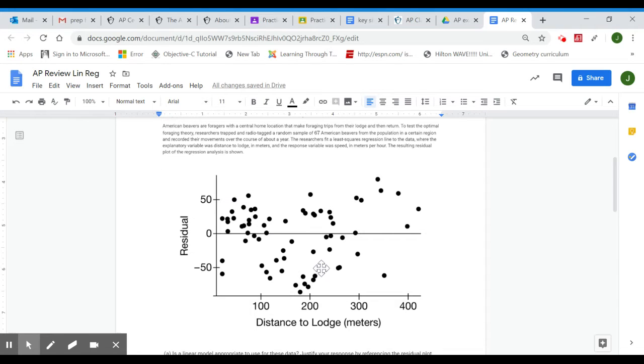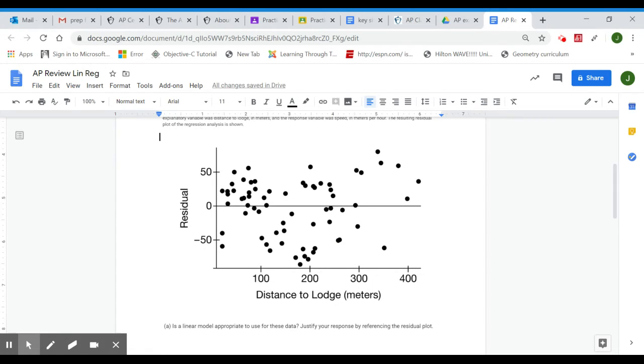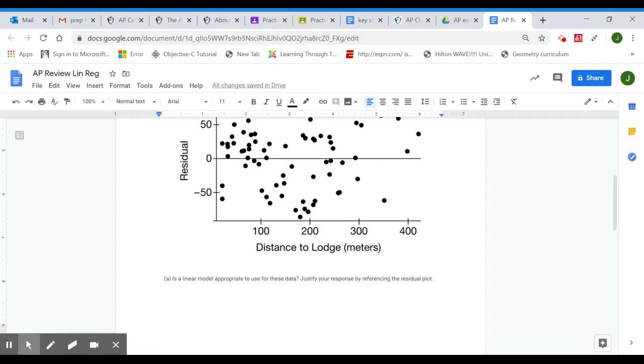Then in the middle, they would be below the line, below zero, so negative residuals, and then back to positive. It would be very clear. What's going on here is it's random. It's up and down. It's clearly random. There's no curved pattern that's definite. When we get a curved pattern, there's no doubt. And I can show you one of those after this.